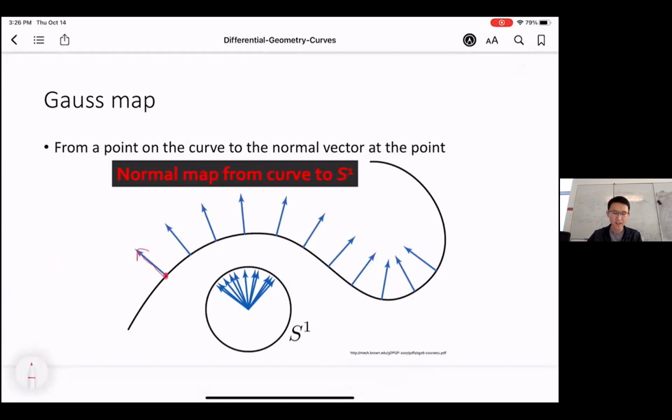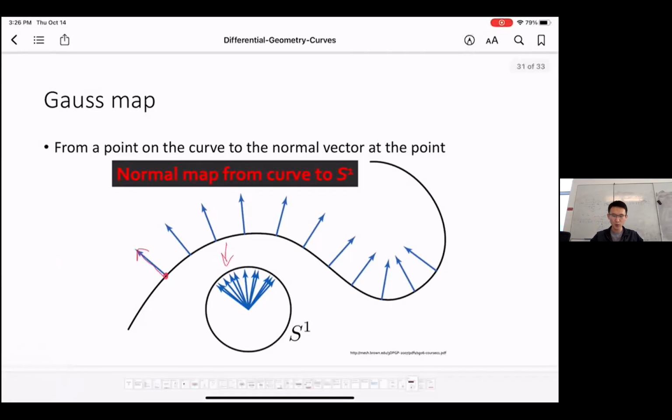And then I define this map to be from the point itself to the normal vector. They say that the Gaussian map is a map from any curve to the unit circle, because in this case, the normal vectors are all unit length, just pointing in different directions. Maybe this will become useful later when we see surfaces or more complicated geometries, but I just want to tell you what Gaussian map means in this case.